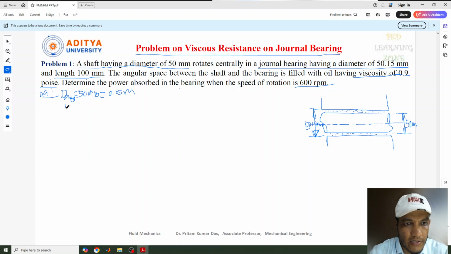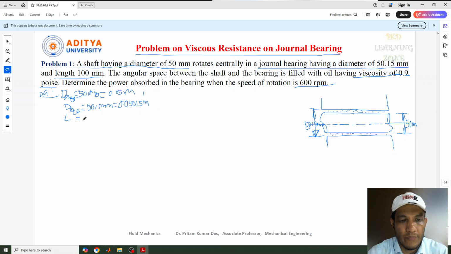And next is the diameter of the bearing, given as 50.15 millimeter, which we can again write as 0.05015 meter.